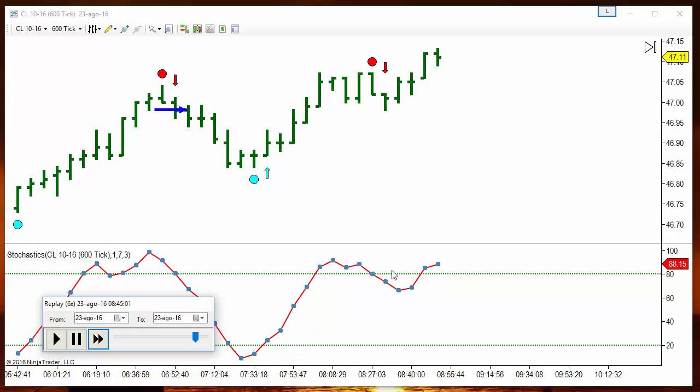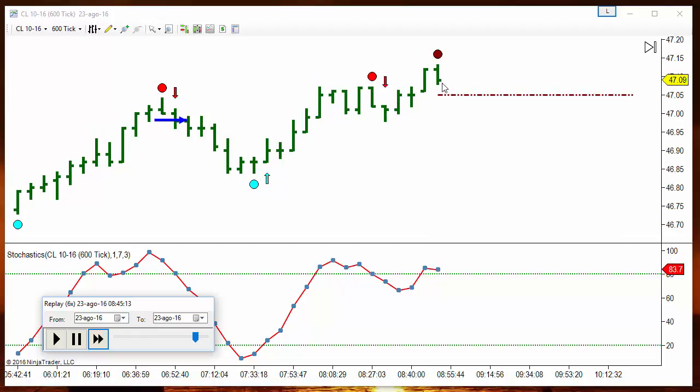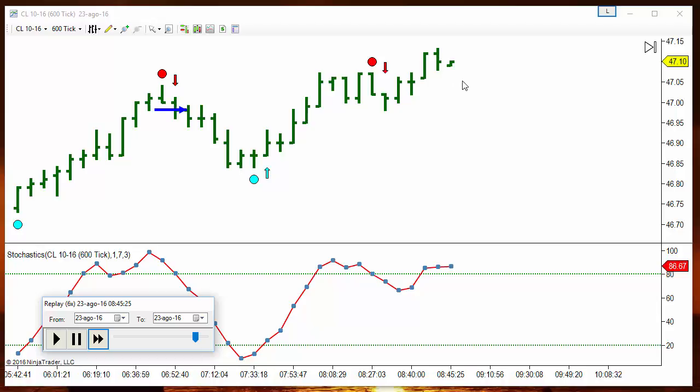Here it went very fast, and now we have it again with a possible reversal dot and the possible entry price. It is confirmed once the bar is closed and shown in a different color, in light red.